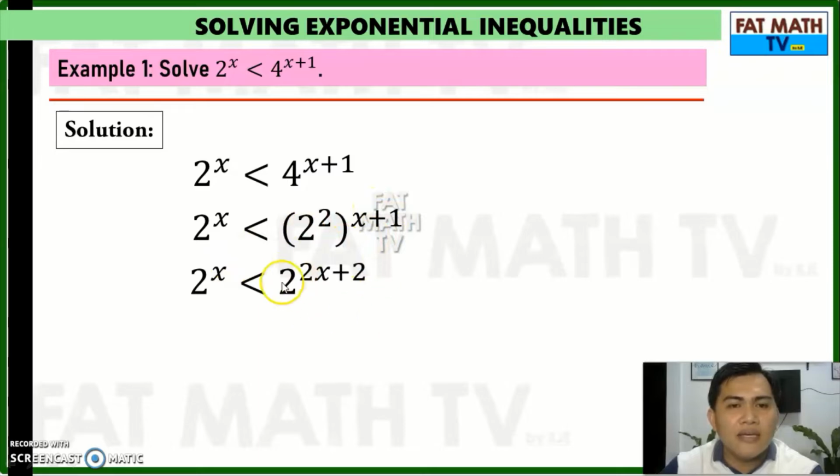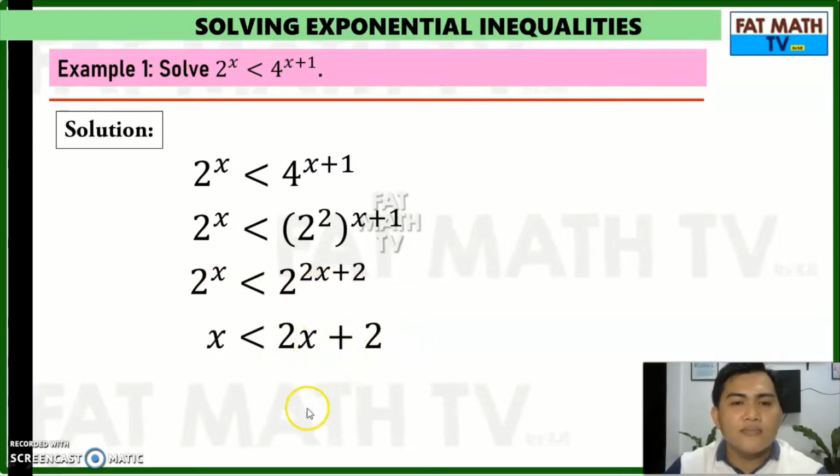We will have 2 raised to 2x plus 2. Then, using the property of exponential inequality, we will have x less than 2x plus 2.